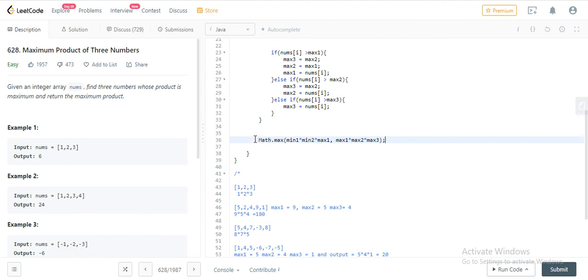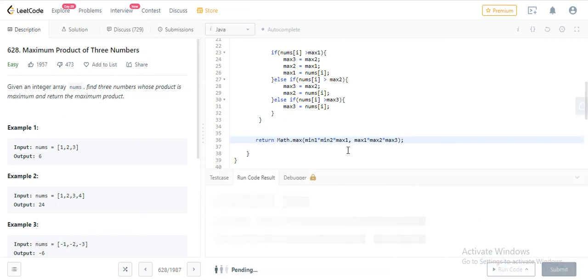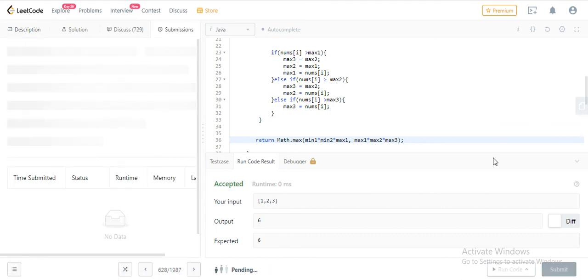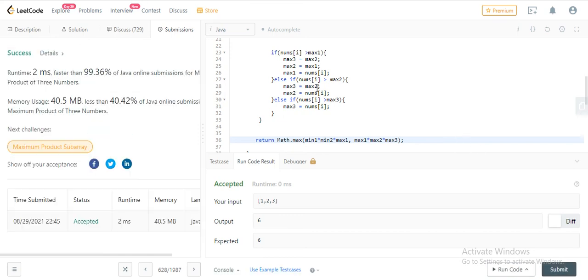My code is complete. Let's add a return statement here and run the code first. Now let's submit it and see whether LeetCode accepts our solution or not. Yes, it does.